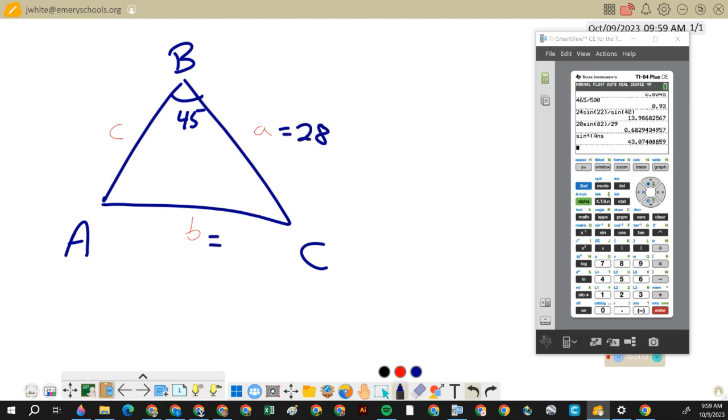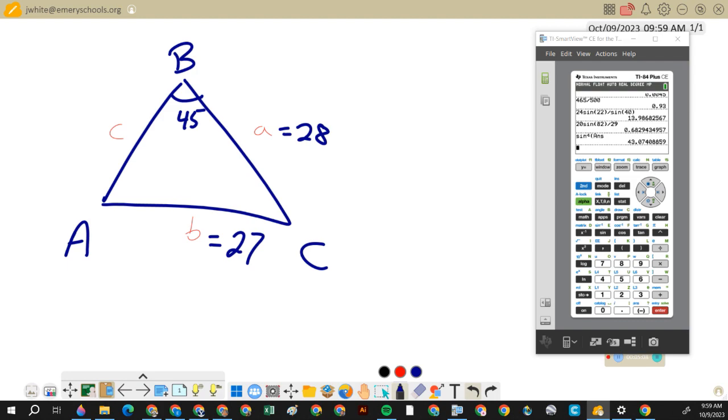And side b is 27. I'm trying to find everything. Find all the missing stuff.